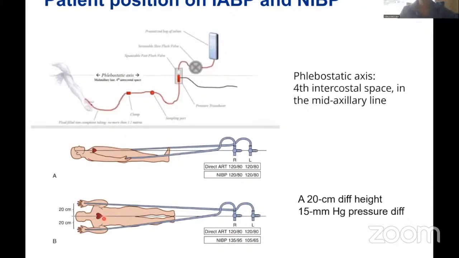However, in the lateral decubitus position, the blood pressures vary: NIBP will be higher in the dependent arm compared to the upper arm. With a 20 centimeter height difference, you'll find a 15 millimeter of mercury difference.